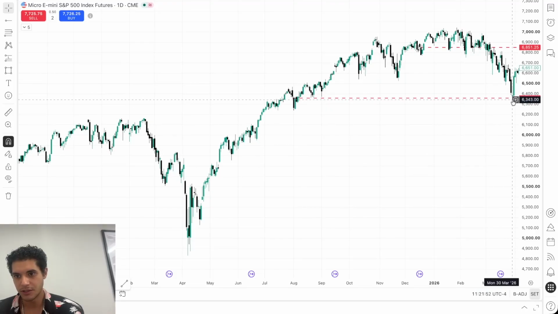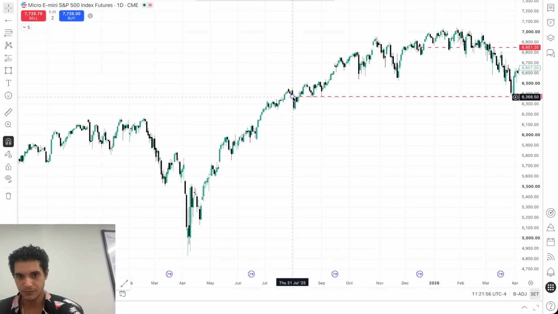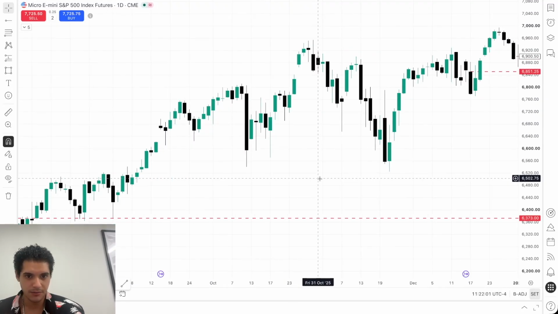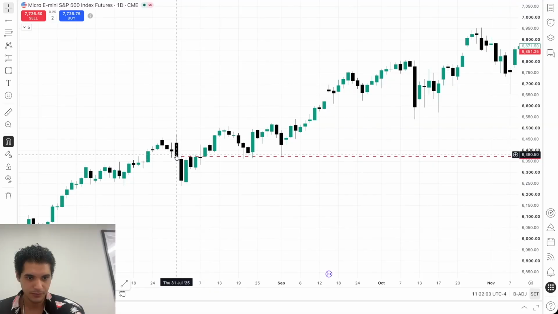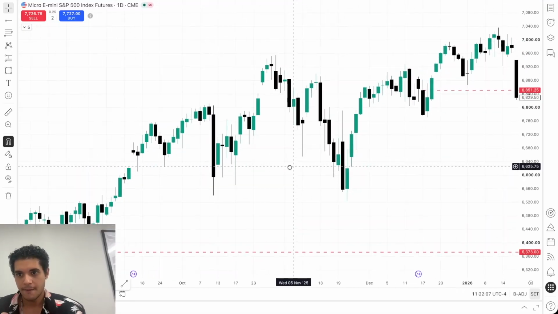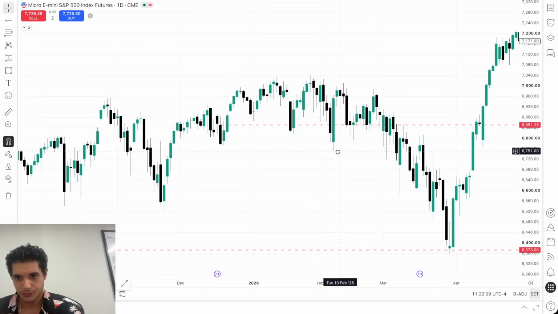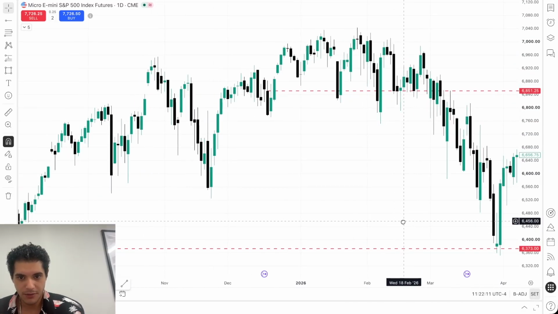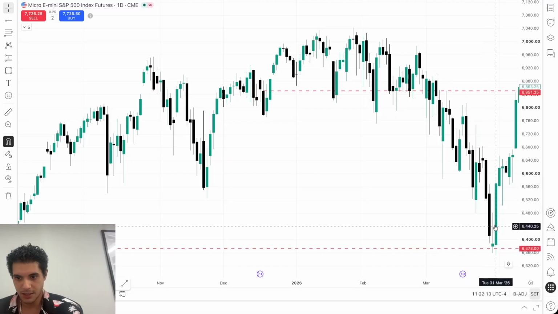Yes, we eventually tapped into this bullish order block down here. Look at that imbalance just down here. Anyway, we get a tap into it. Okay, instantly get a close above it.